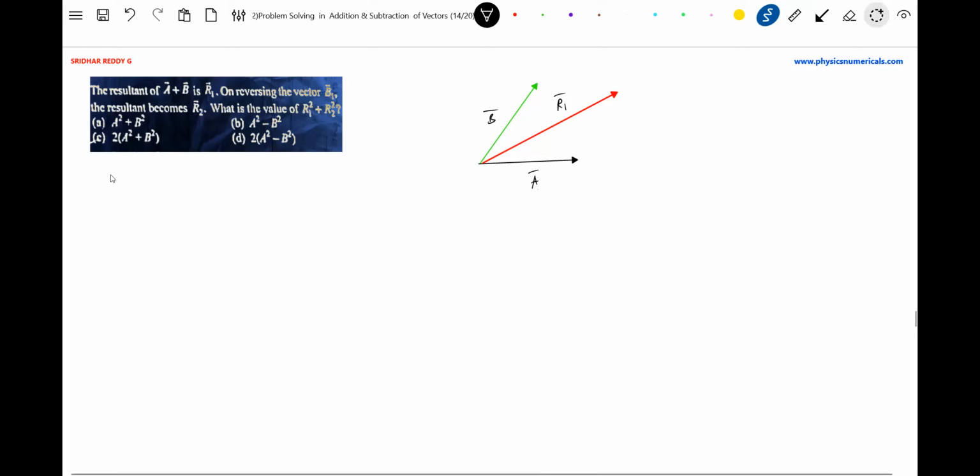Vector subtraction is what will occur. So here this will become minus B bar. You better take help of a diagram, at least something will be there for you to learn. So what is the resultant vector? This will become R2. In the previous problem we had a similar approach.